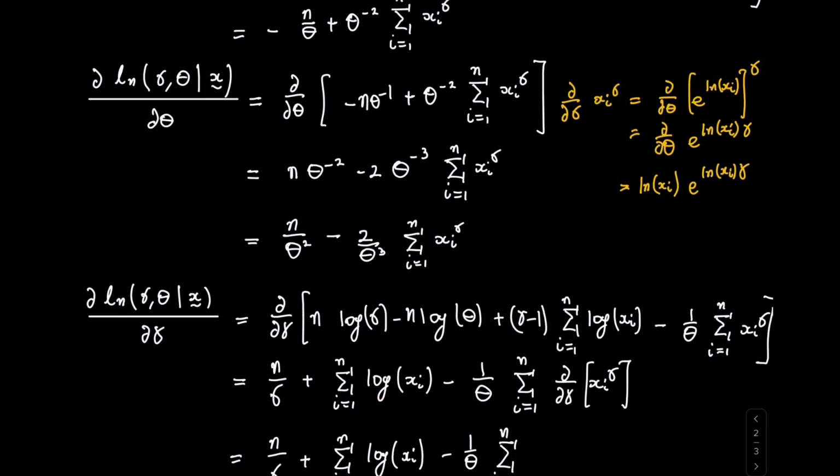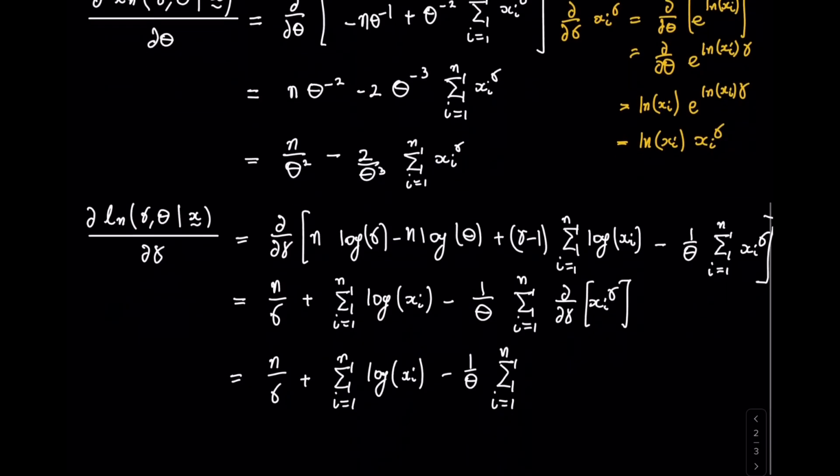It's just xi to the gamma. So that gives us ln xi times xi to the gamma. And so that's just a little bit of a proof of how we come to that particular derivative. So this becomes, in a form, xi to the gamma ln xi. And we've done our first derivative with respect to gamma.